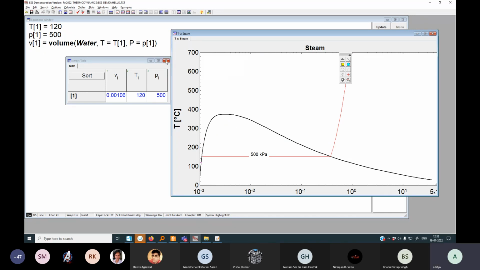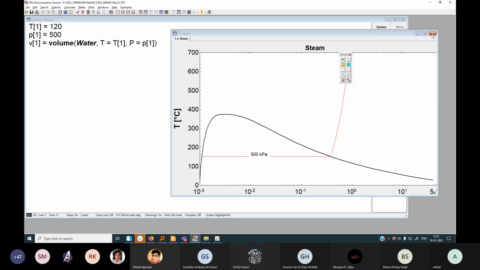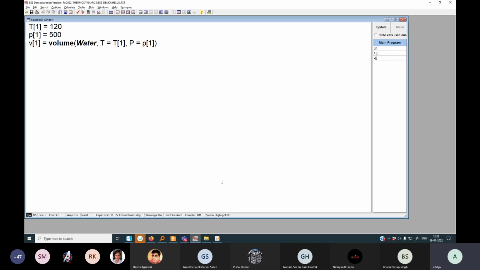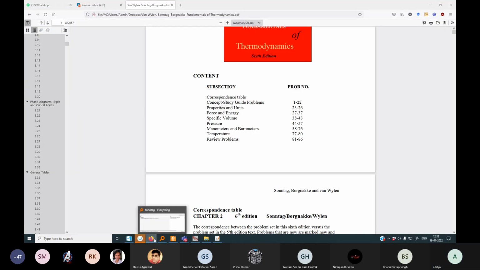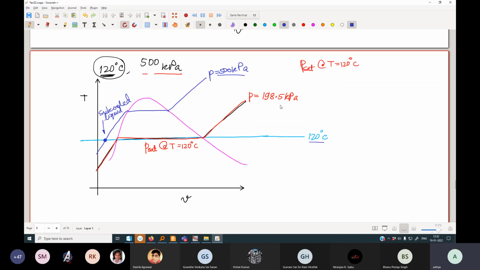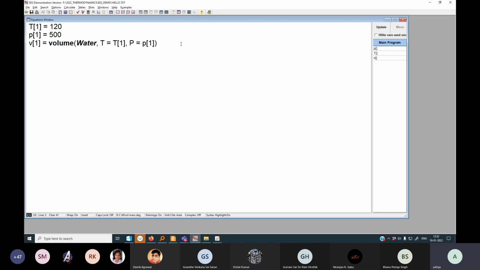Now you may think that okay, that's fine, but how do I find out this P saturation at 120 degrees Celsius? Suppose I want to find out. So I say P sat equal to pressure of water at T equal to T1 and X equal to 0.